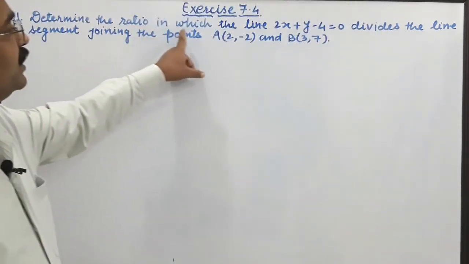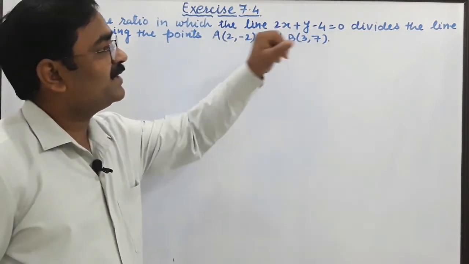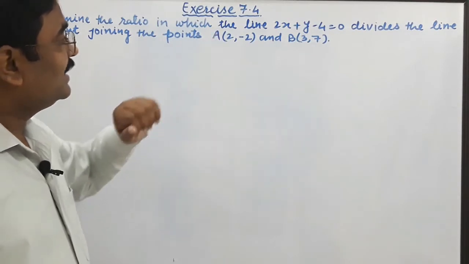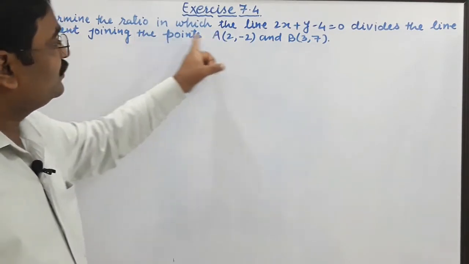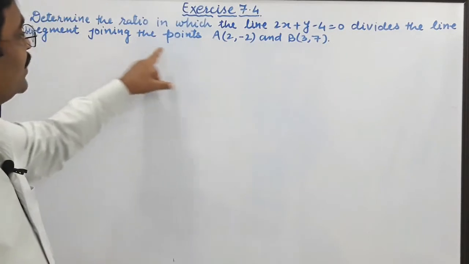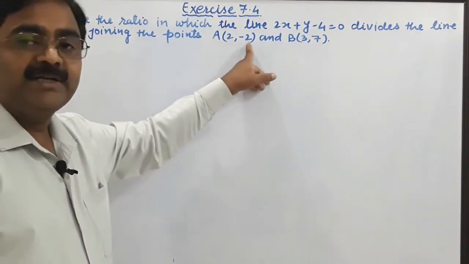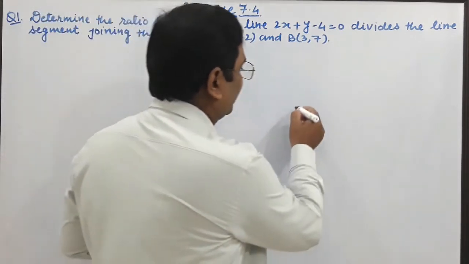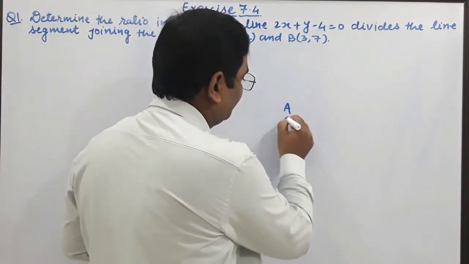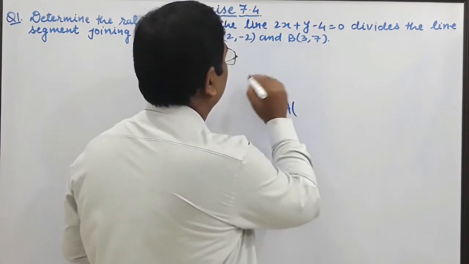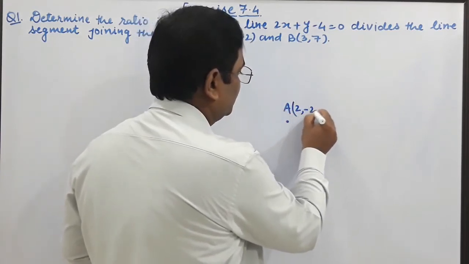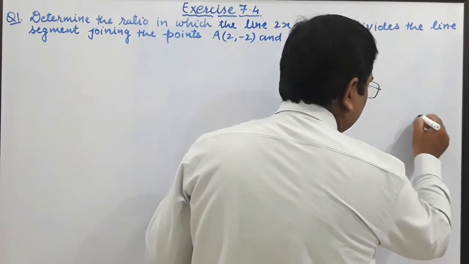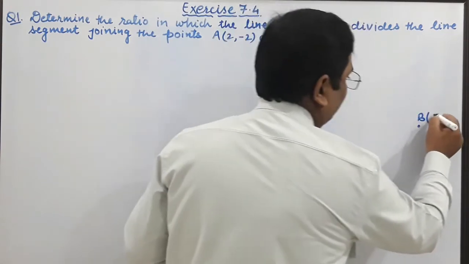Determine the ratio in which the line 2x plus y minus 4 equals to 0 divides the line segment joining the points A (2, minus 2) and B (3, 7). It means you have 2 points, point A whose coordinates are 2, minus 2, and the second point B whose coordinates are 3, 7.